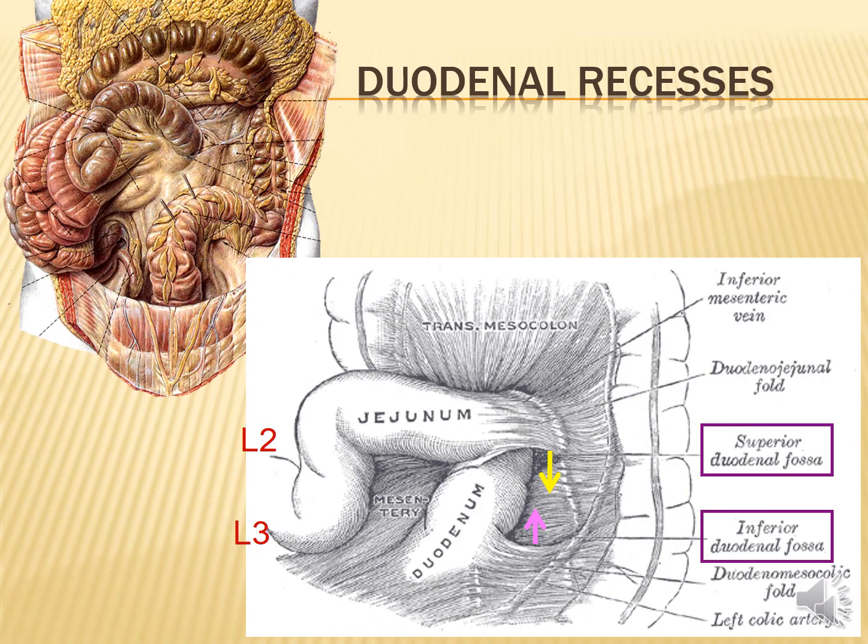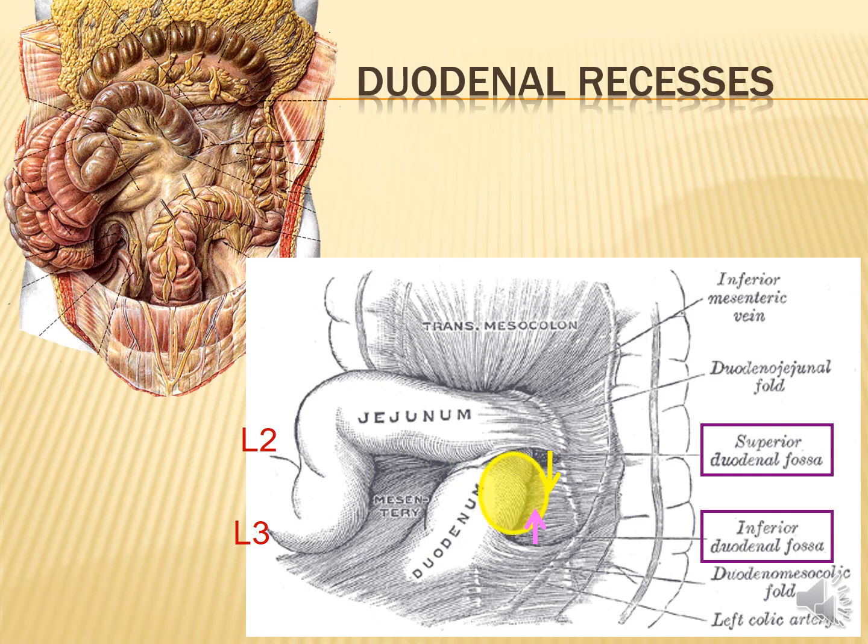First we will discuss duodenal recesses. Here we can see the superior one, a duodenojejunal fold, superiorly located, and this recess is present in about 50% of subjects, and it is located at the level of L2 vertebra.